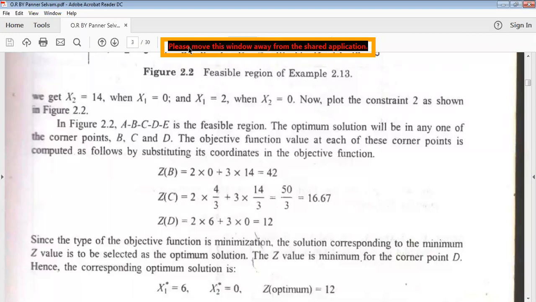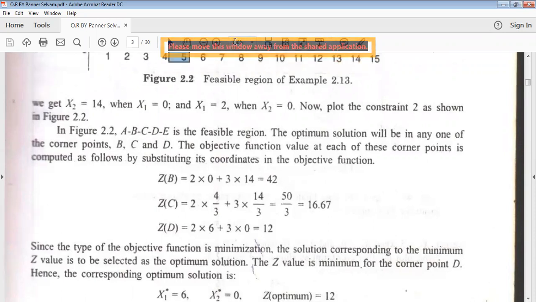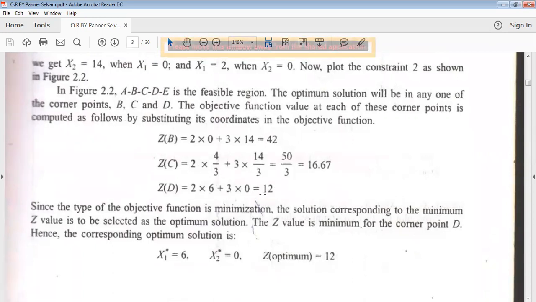So therefore, the minimum value of z is 12, and 12 is occurring at 6, 0. Since the type of the objective function is minimization, the solution corresponding to the minimum z value is to be selected as the optimum solution.